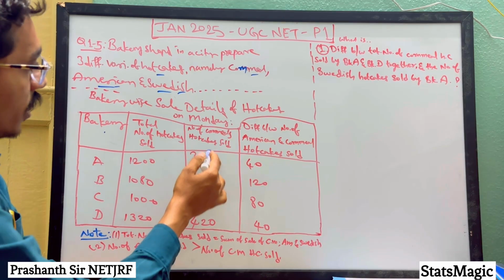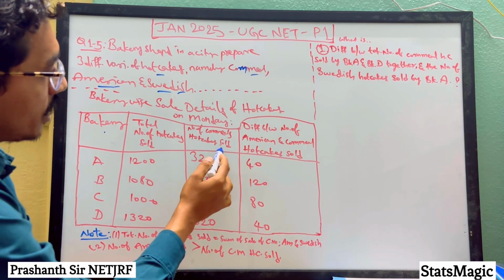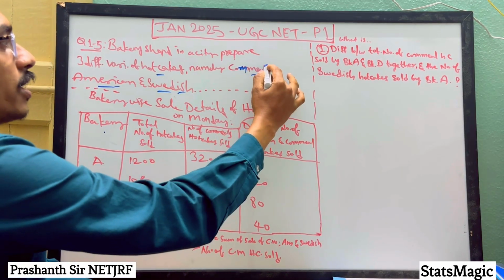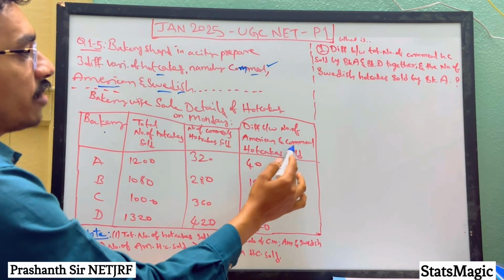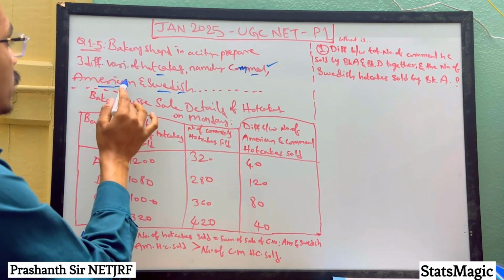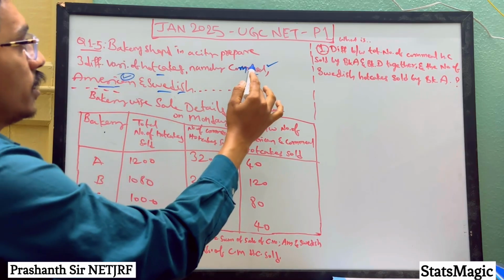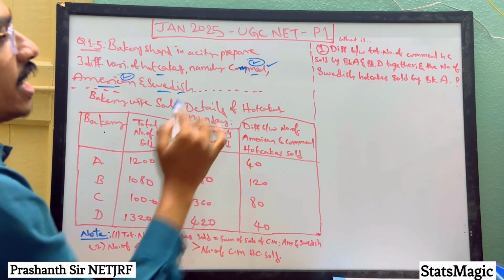In the third column they gave the number of cornmeal hot cakes sold directly. And in the last column they gave the difference between the number of American and cornmeal hot cakes.